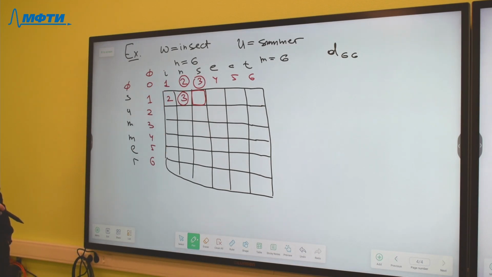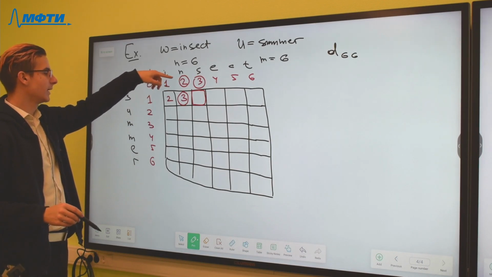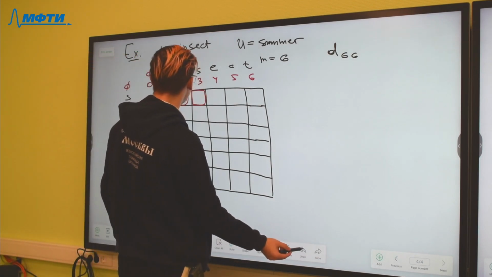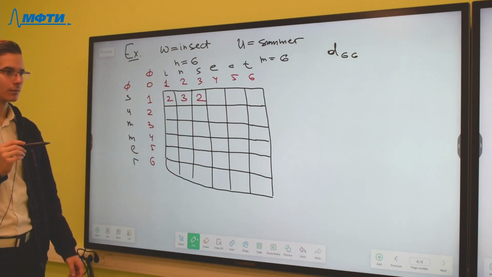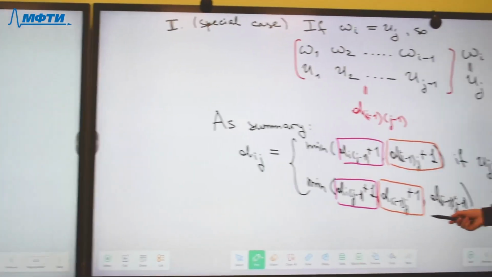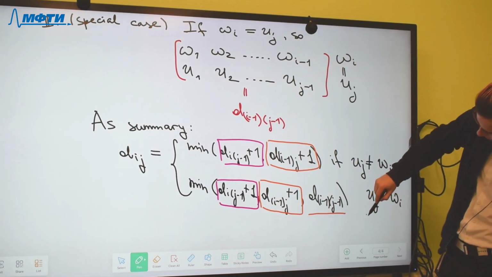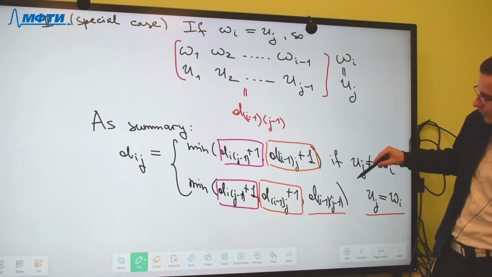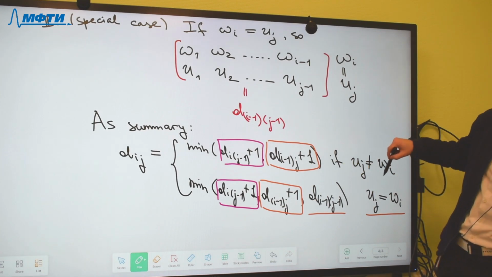And we see that it's less than these numbers, so we can write here 2 because of this case. Because we can say if UG and WE are equal, then we can compare their prefixes without these two characters.